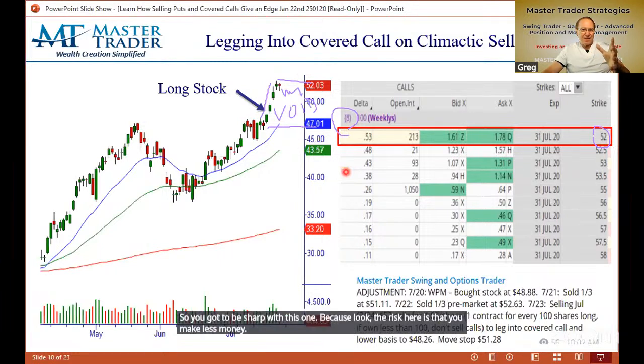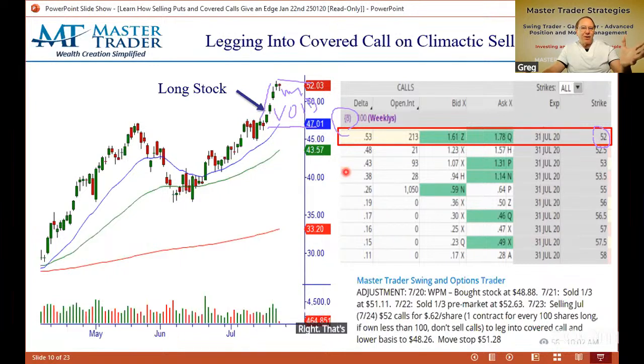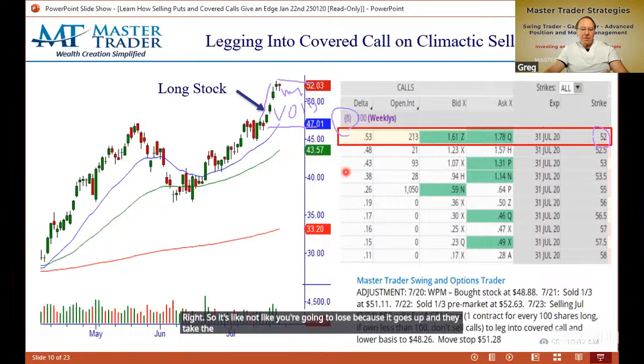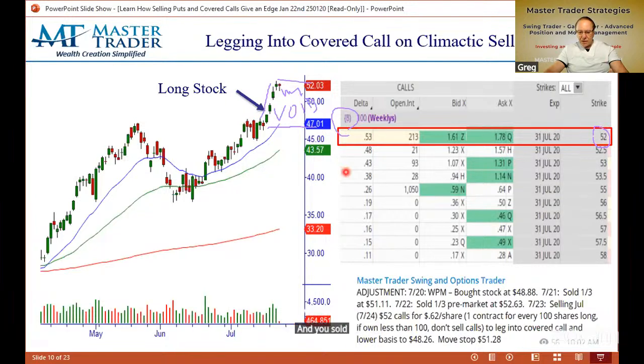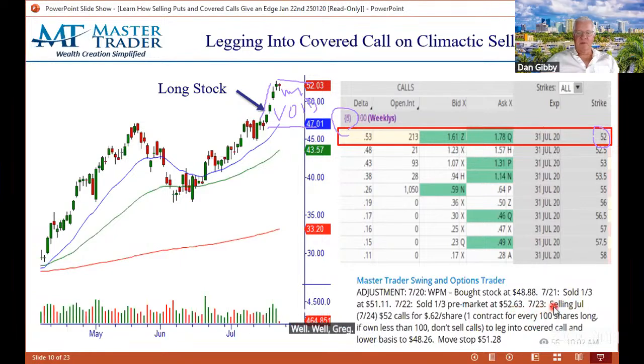It's not like you're going to lose because it goes up and they take the stock away. You're going to get your $52, and you sold that option for whatever it is here, let's just call it $1.72. Well, Greg, look right here.